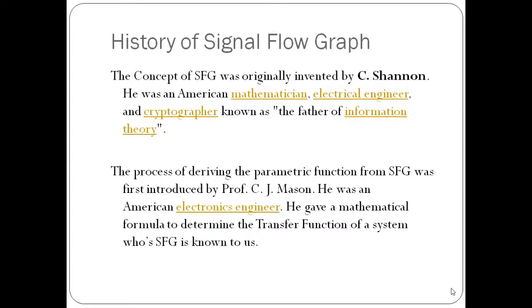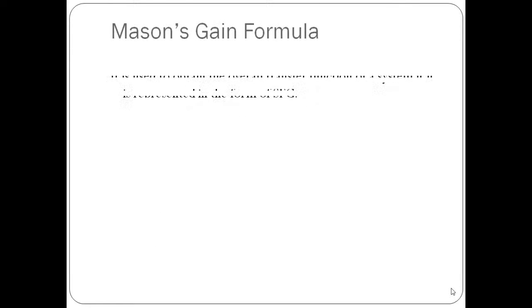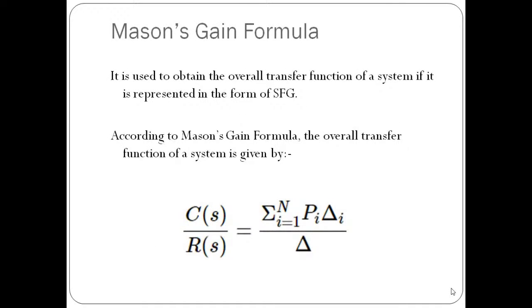So in the last lecture, we discussed in detail what exactly Mason's gain formula is and how we can derive the transfer function of a system if the representation of the system is available in the form of a signal flow graph. So ultimately, we have this mathematical equation: C(s) by R(s), where C(s) indicates the Laplace transform of output, and R(s) indicates the Laplace transform of input.